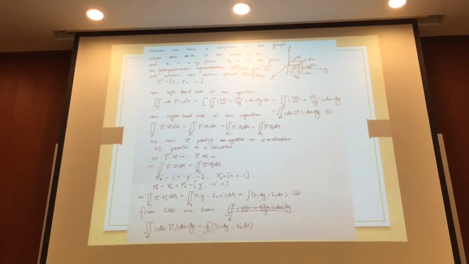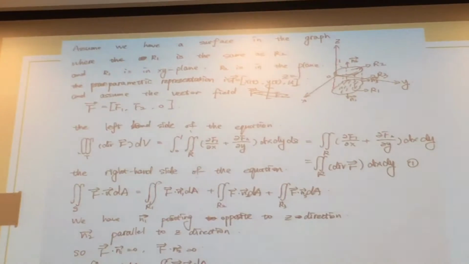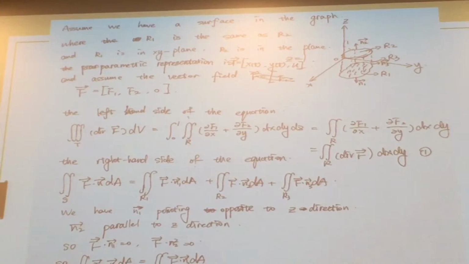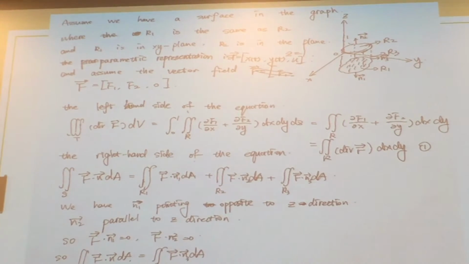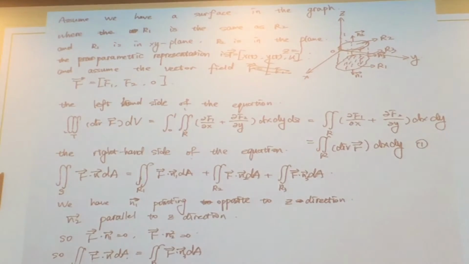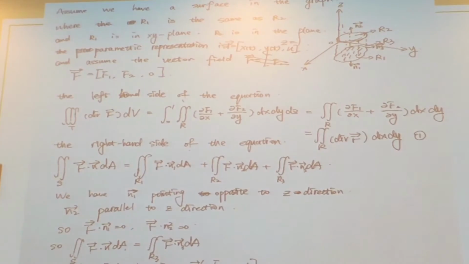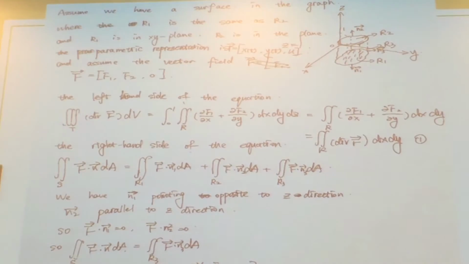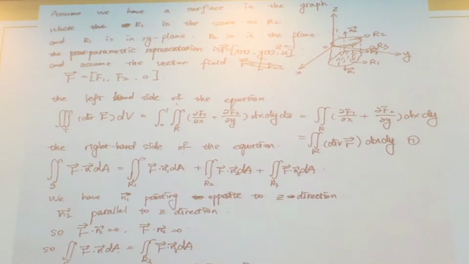Then we should come up with a surface first. In the xy plane we may choose region R1. And in the plane z is equal to 1, we may choose a region R2, and R1 is just the same as R2.